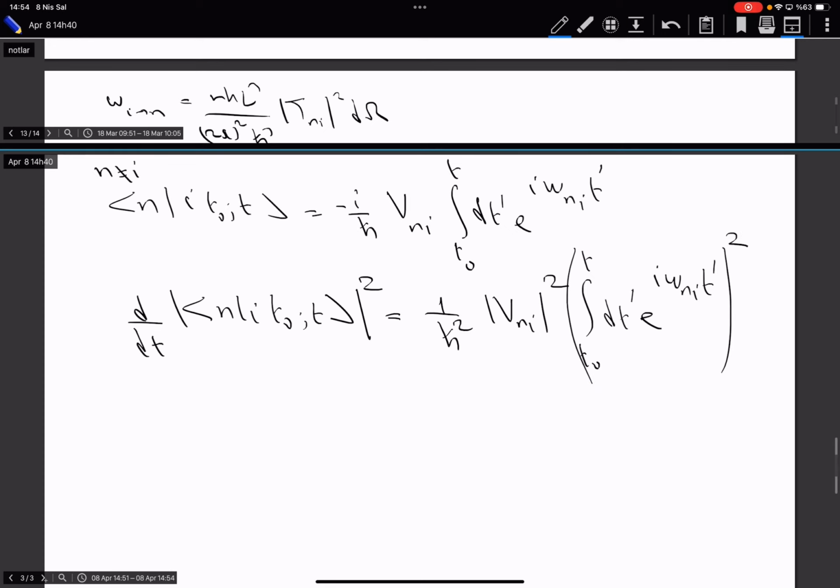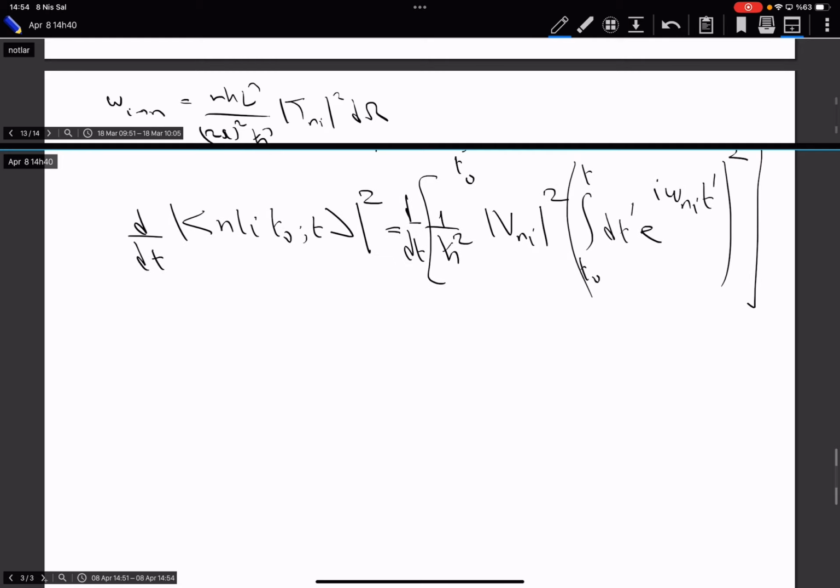So this squared: the integral from t0 to t, dt prime e to the power i omega_ni t prime, absolute squared, and the time derivative. Well, we first showed that this was sine squared of omega_ni t over 2, divided by omega_ni squared.